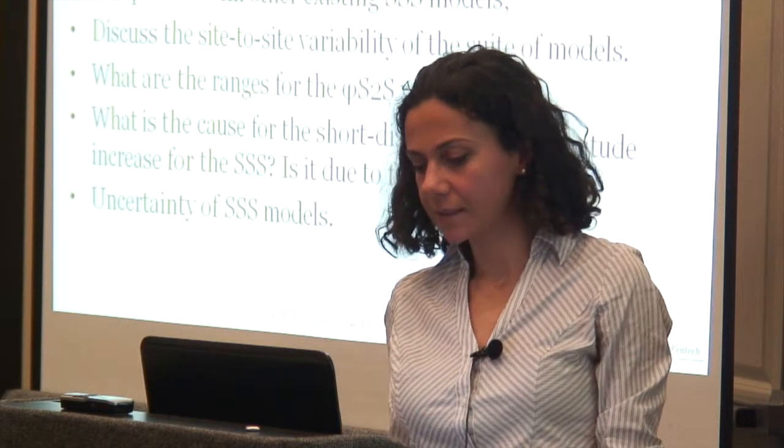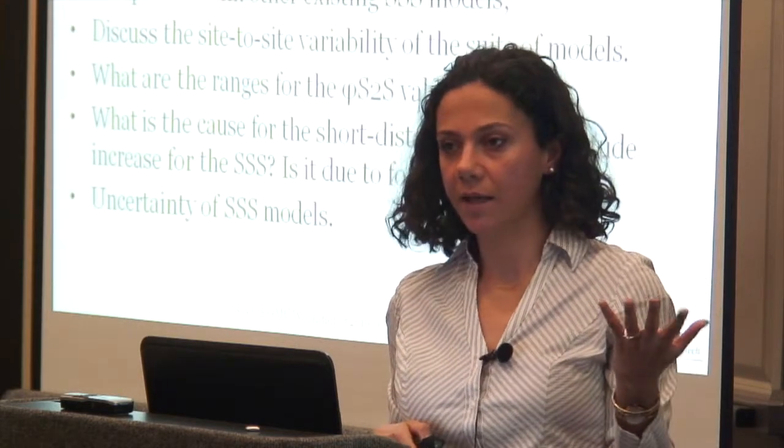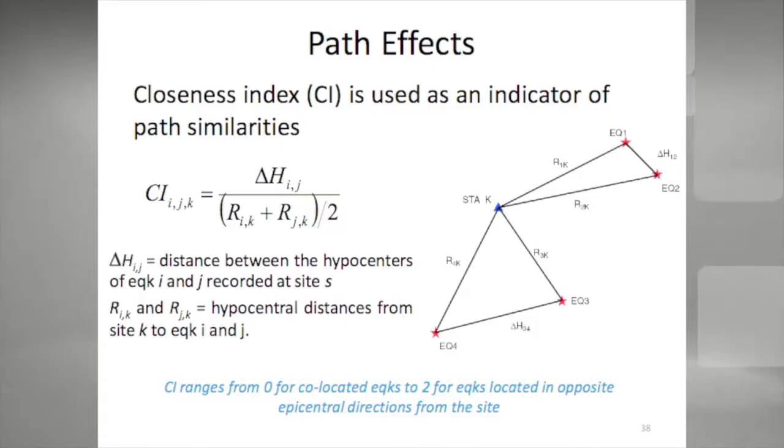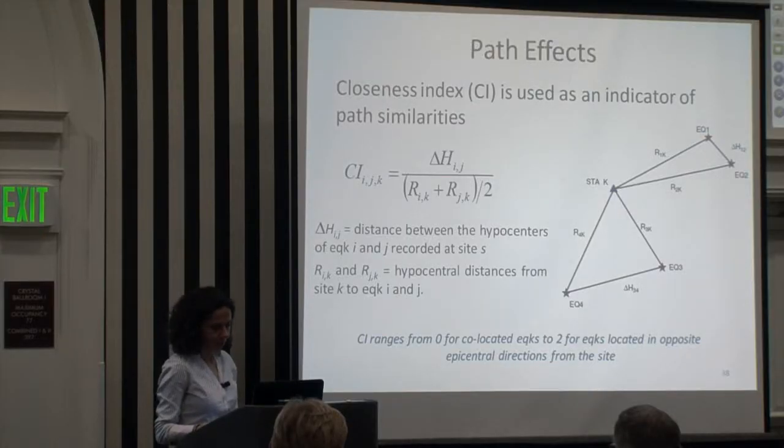So this CI can be a number from 0 to 2. If it's 0, it means that the earthquakes are co-located and have the same path. If it's 2, it means that they are in opposite epicentral directions from the site.